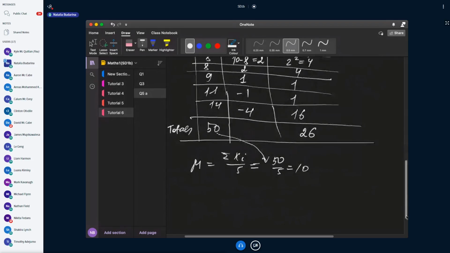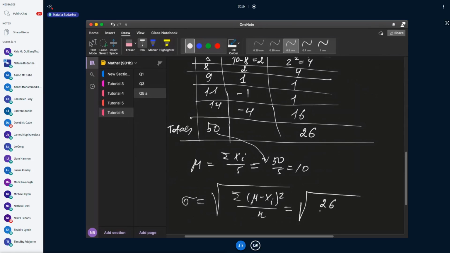And now to find the standard deviation, yes, the formula is the same: sum of mu minus xi squared over n. So in my case, it's 26 divided by 5. And as I told you, it's the square root of 5.2, or 2.28.